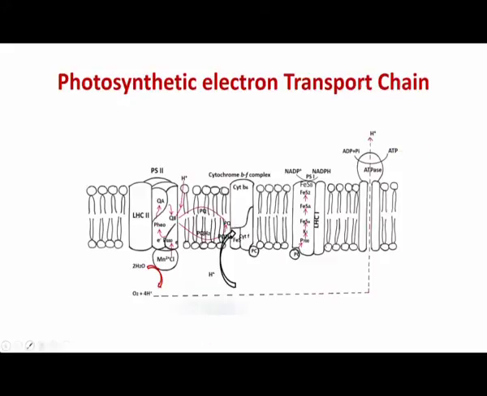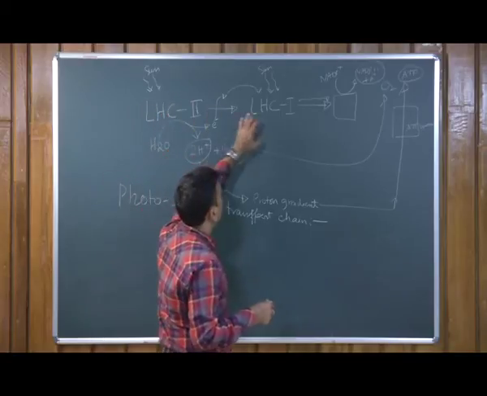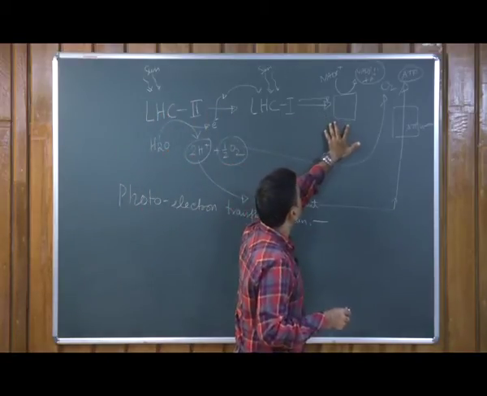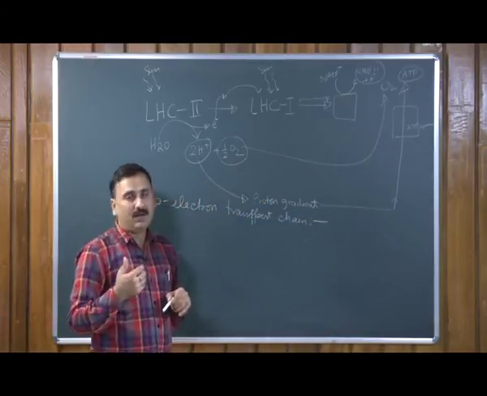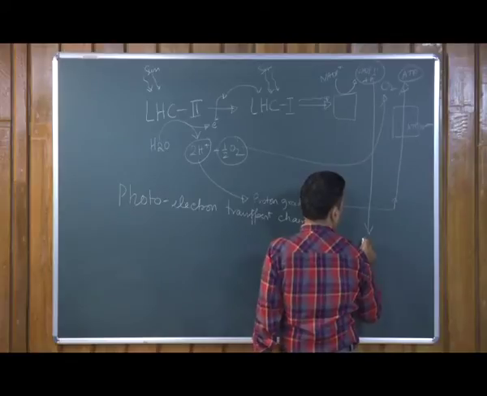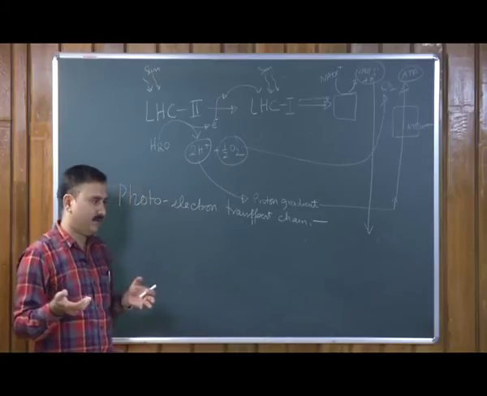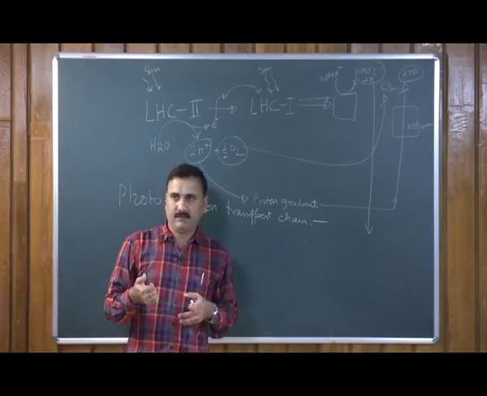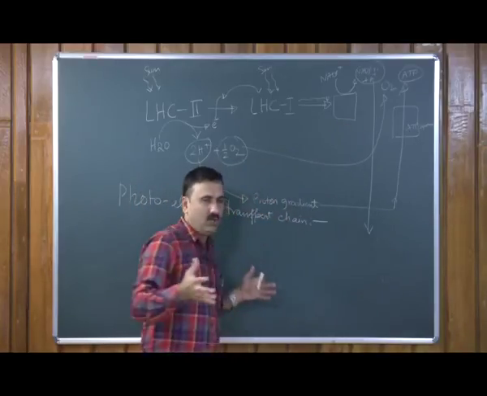So, as a result of this photosynthetic electron transport chain, as we discussed, the electron flows from the light harvesting complex 2 to light harvesting complex 1, and downstream it goes to the reductase, and that actually generates the NADPH, and this NADPH is used for running the downstream chemical reactions, as well as the ATP which is generated by the end of the electron transport chain.